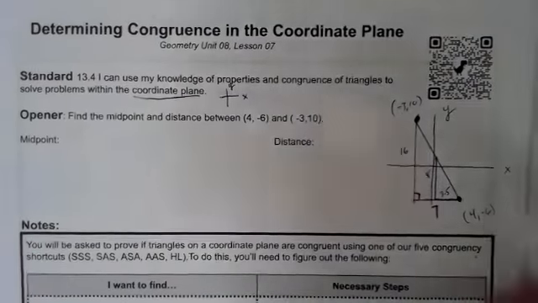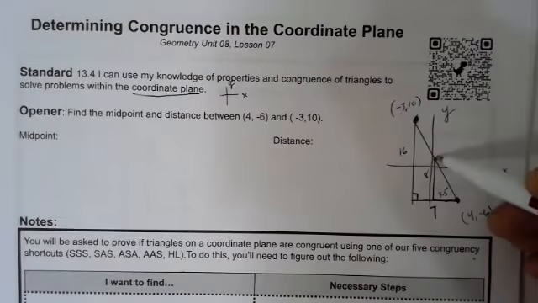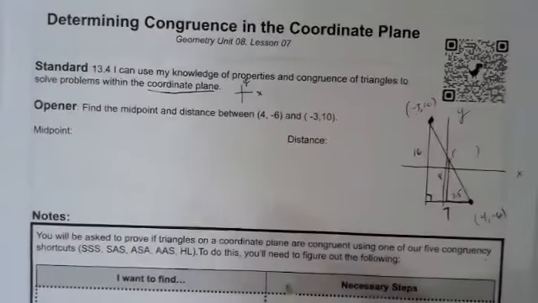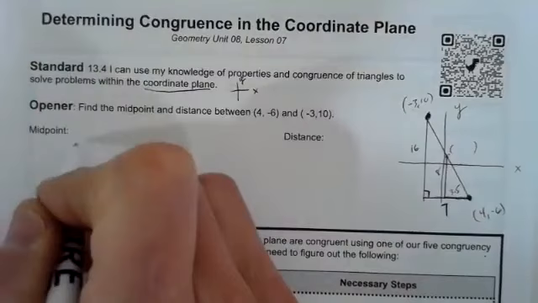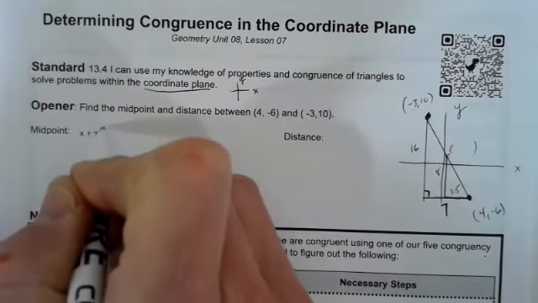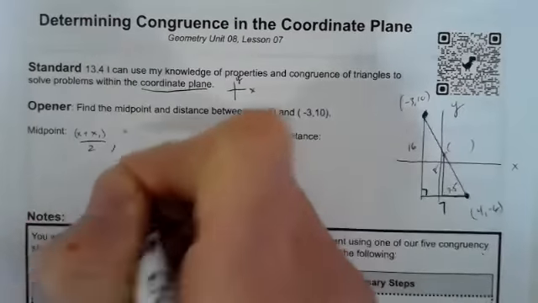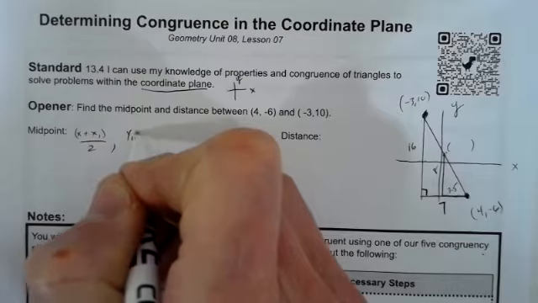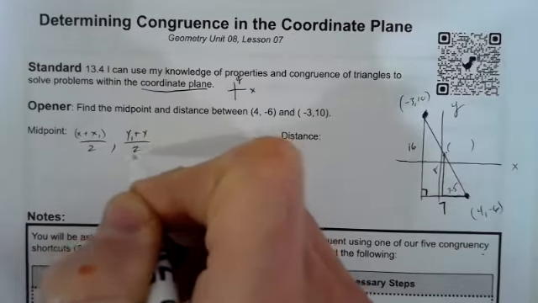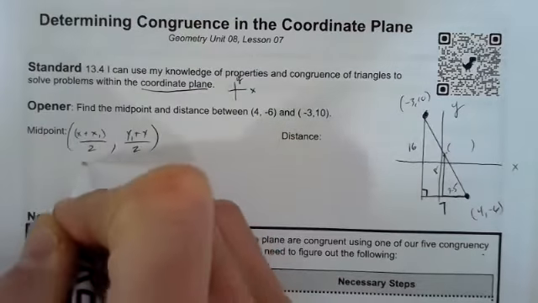Now, another way that we could do that, we could count over 3.5 and up 8 and figure out what our midpoint is. We can also use the midpoint formula, which tells us that we take the x's and divide them by 2, comma, y plus y, and we divide those by 2 also to get the average and a coordinate point.